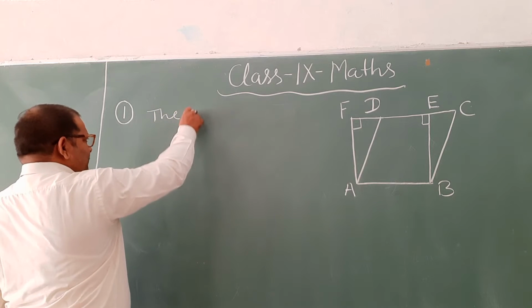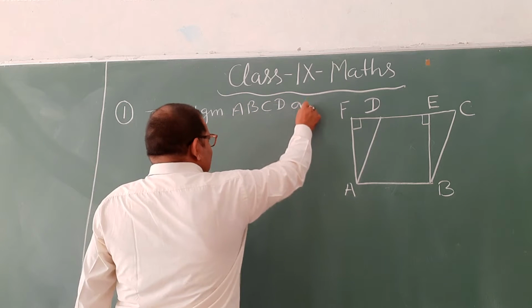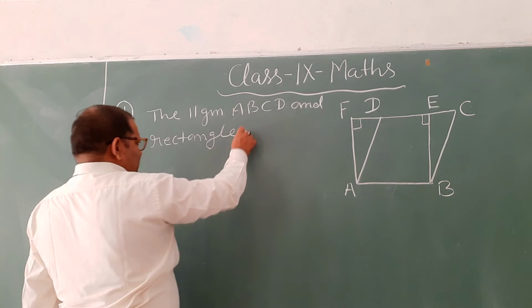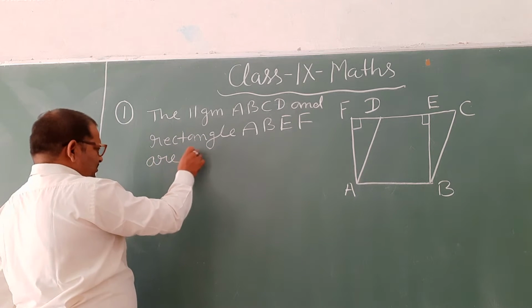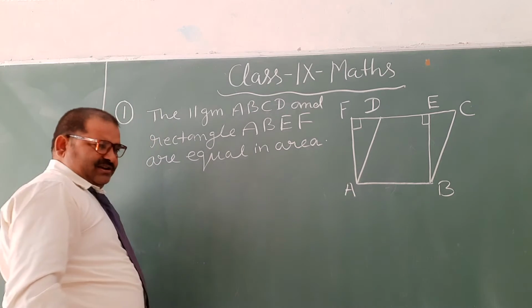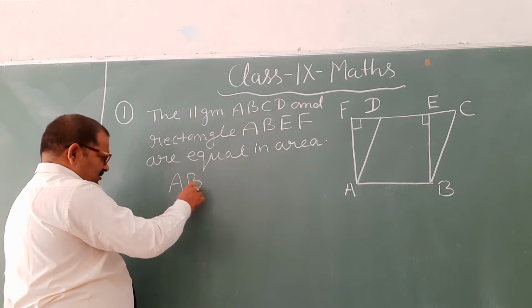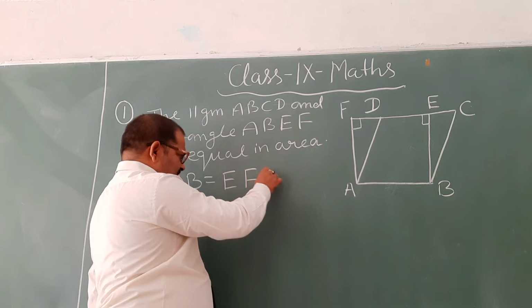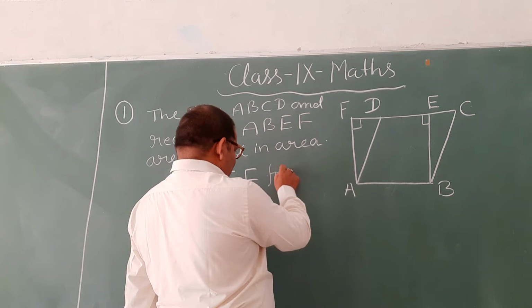The parallelogram ABCD and rectangle ABEF are equal in area, then AB equal to EF. AB equal to EF for the rectangle.